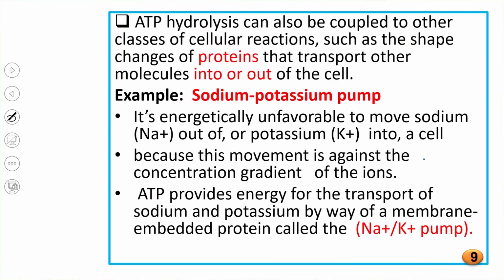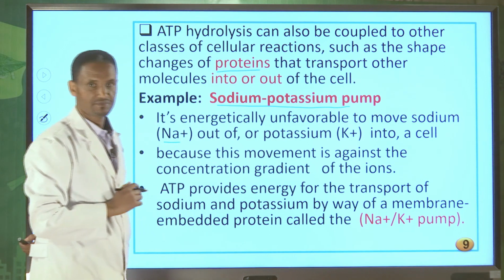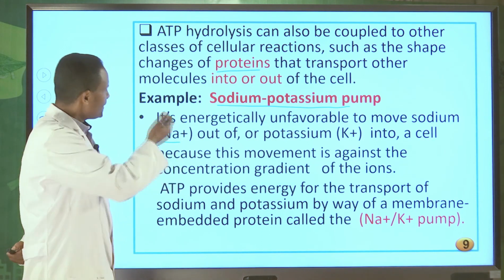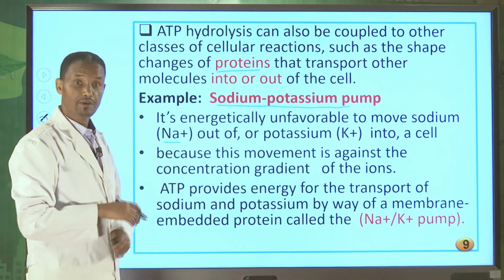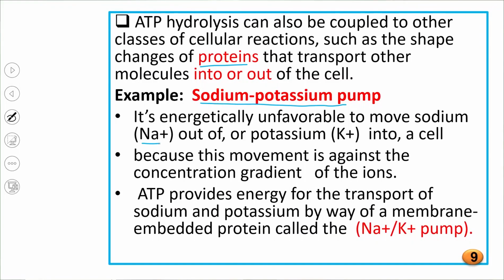Here, ATP hydrolysis can also be coupled to other classes of cellular reactions, such as the shape change of proteins that transport other molecules in and out of the cell. An example of a coupled reaction is the sodium-potassium pump. Here, it is energetically unfavorable to move sodium ions out of the cell and potassium into the cell.